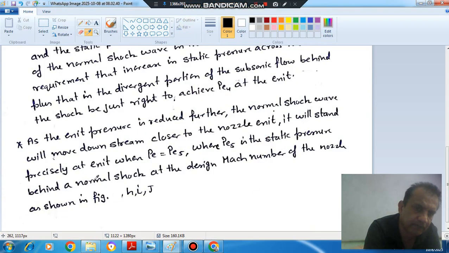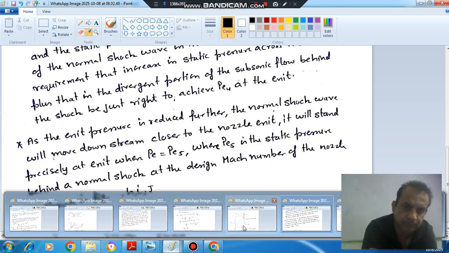It will stand precisely at the exit when PE is equal to PE5, where PE5 is the static pressure behind the normal shock at the design Mach number of the nozzle.